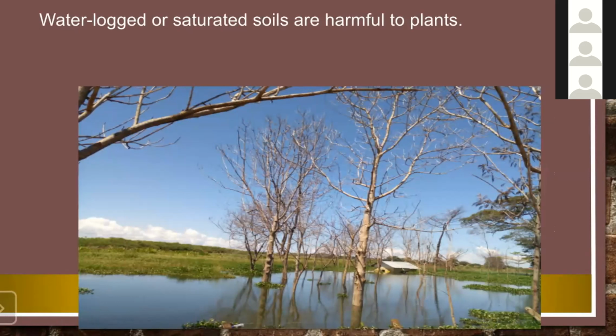Eventually you realize the plants, as much as they are in water, they seem to be drying up. So the question is, what happens to those plants? Any idea that you would like to suggest? Those plants are still in the water, but they seem to be drying up.